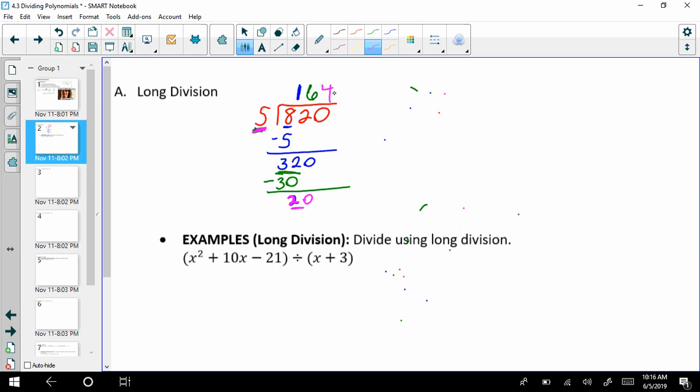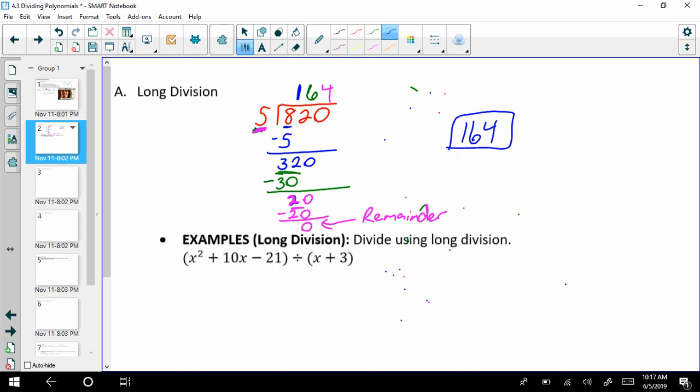So we place the 4 up here, multiply it back in. 4 times 5 is 20, and then we subtract. Notice at the end I get 0 out. That represents the remainder. So this means it divided in clean. I do not have a remainder. So my answer, if I wanted to know what is 820 divided by 5, well, the answer is 164.